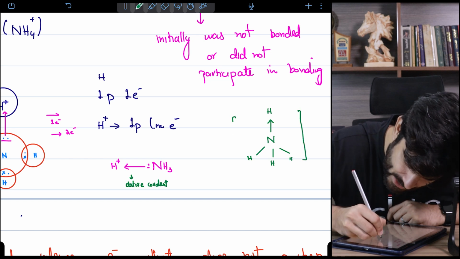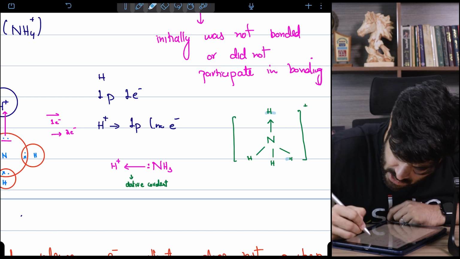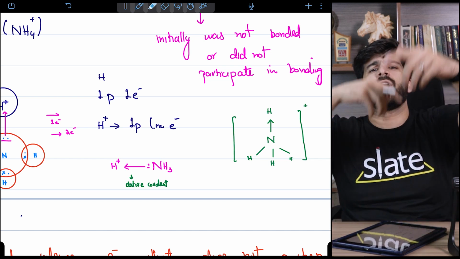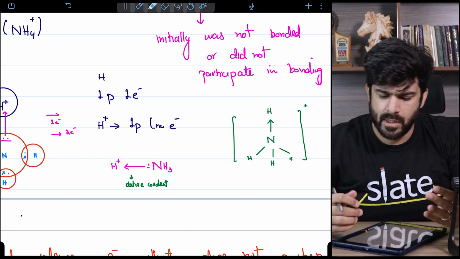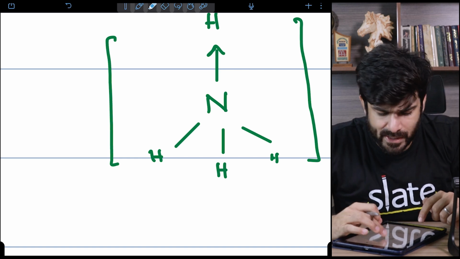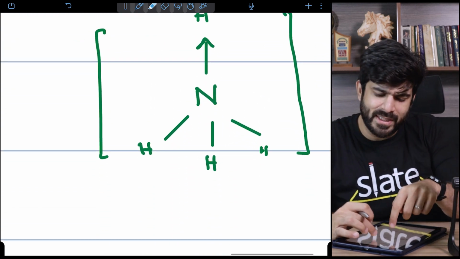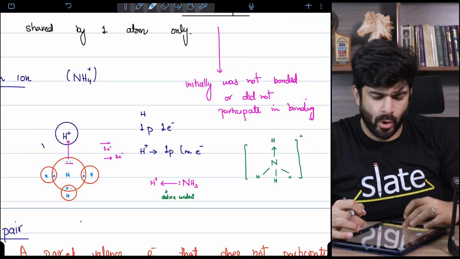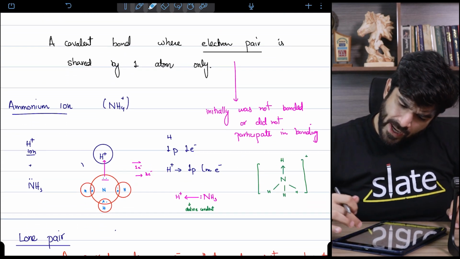And now this whole will get one positive charge because all of these are hydrogens. So the charge can shift around, it can rotate, transfer, resonance. So this arrow tells me that this hydrogen was bonded with a dative covalent bond while these ones had normal bonds.